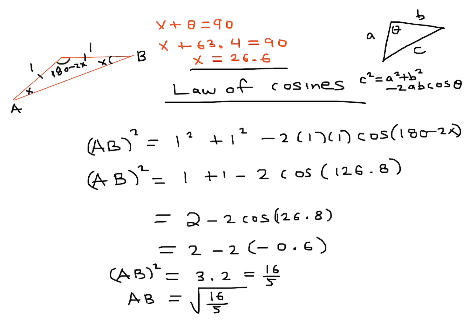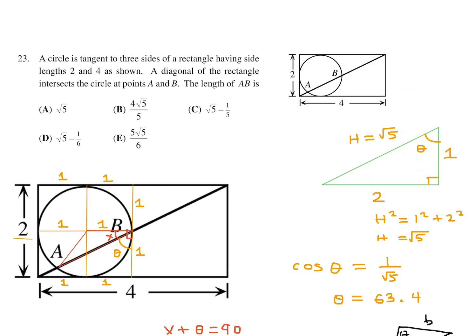I just didn't want to get a messy decimal there. So this looks like 4 over root 5. And if you rationalize the denominator, multiply top and bottom by root 5, you get 4 root 5 over 5. 4 root 5 over 5 is AB. So let's see. 4 root 5 over 5, 23 is B.